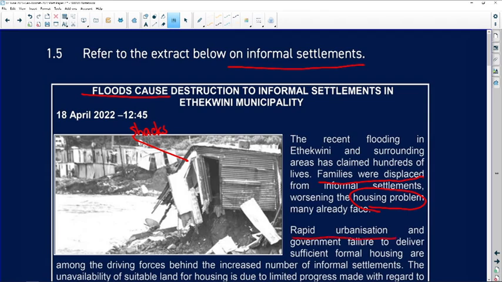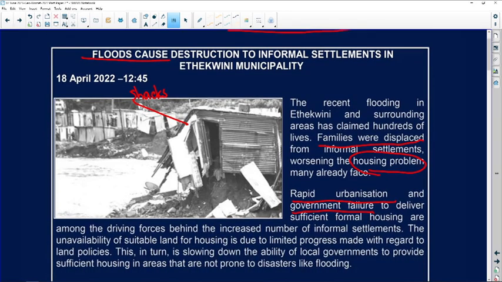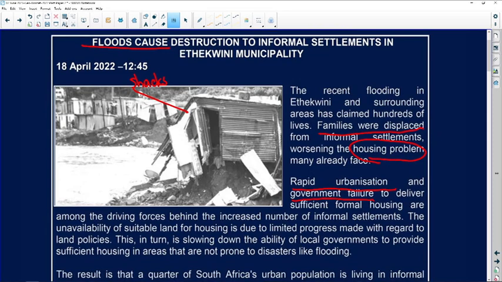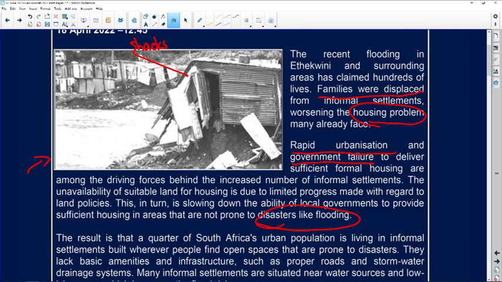The reason for it is the rapid urbanization and failure from government to deliver proper housing, formal housing, the unavailability of suitable land for the housing, and eventually this is a direct consequence of disasters like flooding. This is especially happening close to Johannesburg and Alexandra, next to the Jukskei River, especially during summer.